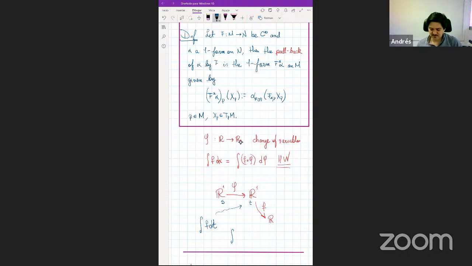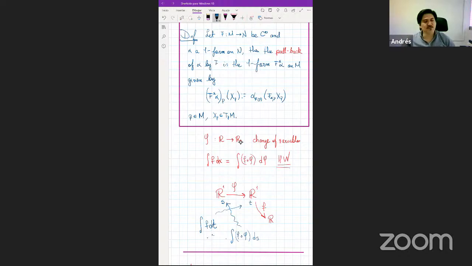So now you will compute using this. Okay. So this is supposed to be in here. So what is the relation between the two?